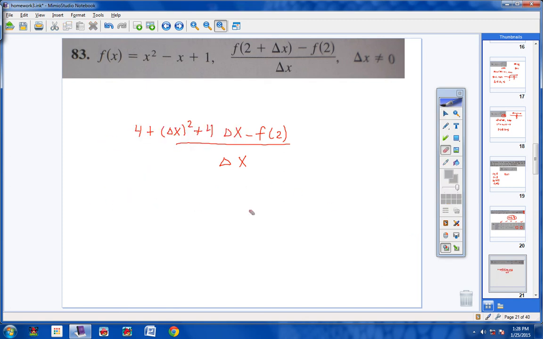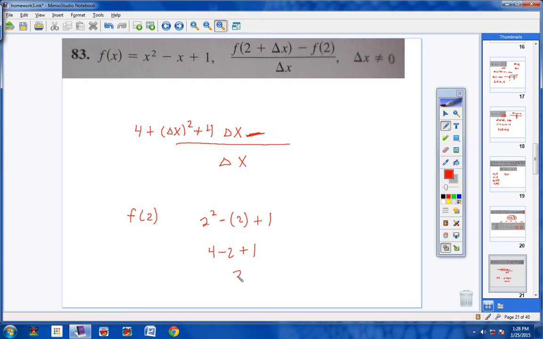Now, next, I've got to evaluate the function f of 2. So I'm going to get rid of f of 2. I'm going to bring it down here. And everywhere there's an x, I'm going to put a 2. So here we go. 2 squared minus 2 plus 1. 2 squared is 4, minus 2 plus 1 would be 3.